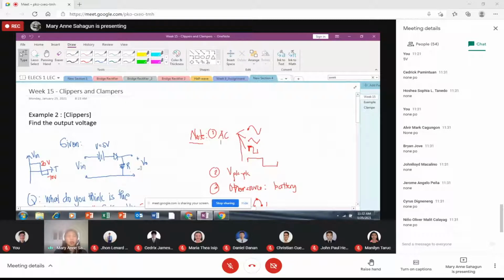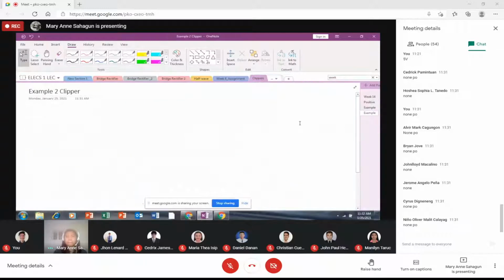Okay, same circuit. We are asked to find the output voltage. So it says here, find the output voltage.